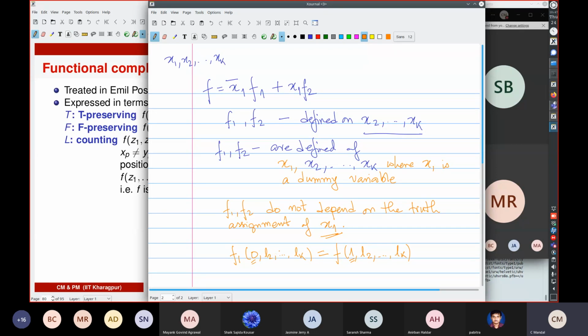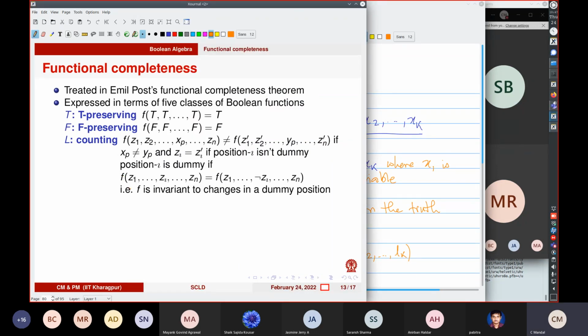All right. So you understand what a dummy variable is, right? So this is the concept of a dummy variable. So that is the thing. F is invariant to changes in a dummy position.